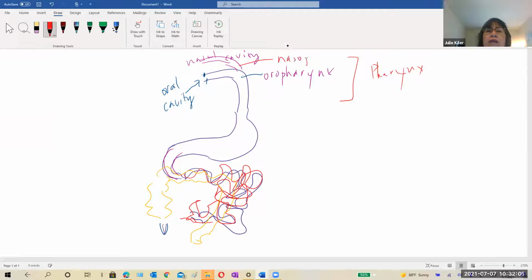Are you guys there? Oh, nasopharynx. Yeah. And then also we have the third part of the pharynx, which is a different tract. We have respiratory tract from nasal cavity, right?